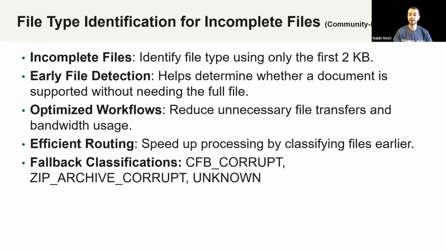In most cases, Doc Filters can confidently identify the file type within the first 2 kilobytes. But when it isn't possible, we mark it as either CFB corrupt, zip archive corrupt, or unknown. So whether you're routing files, optimizing network traffic, or preparing content for AI workflows, this feature enhances both performance and cost efficiency.